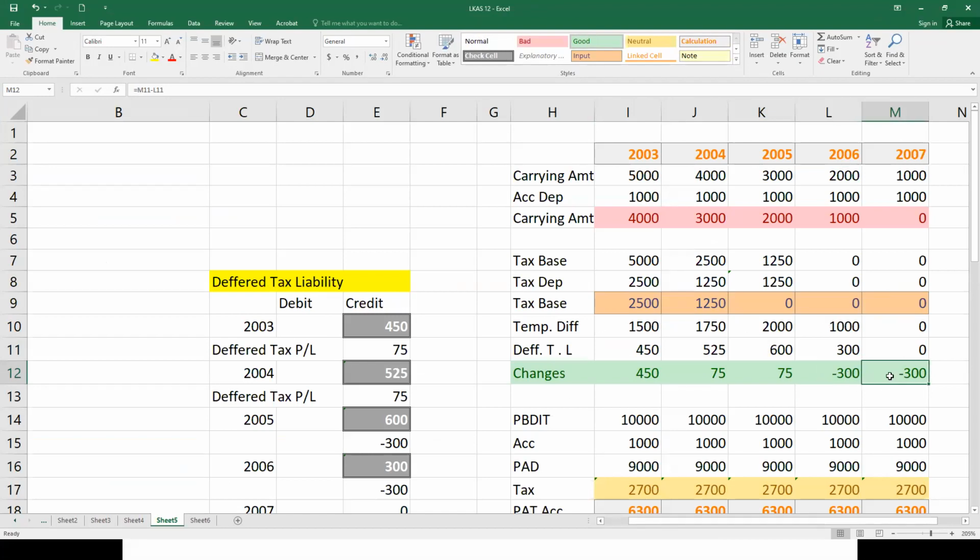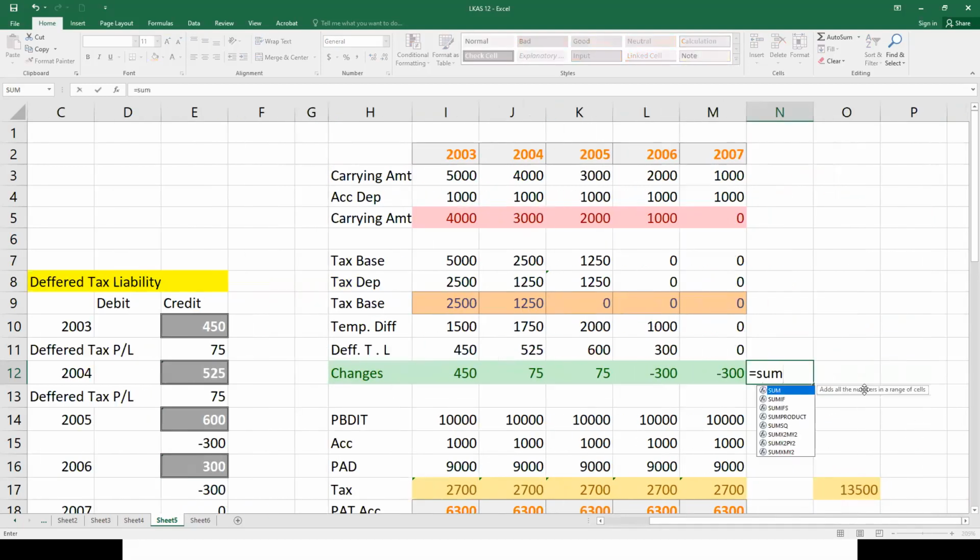Earlier we put a credit on the deferred tax liability account, but in 2006 and 2007 we record it on the debit side, and finally it becomes zero. See, the sum equals how much? Zero. Right?